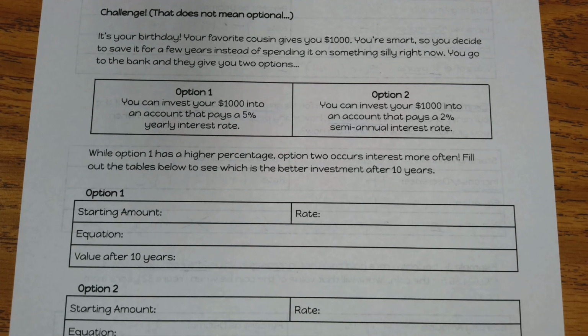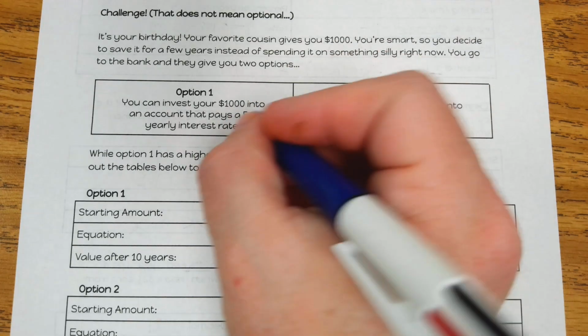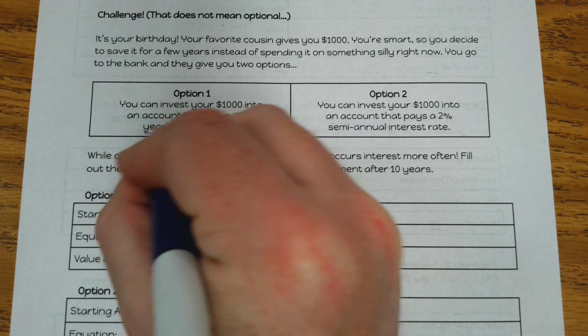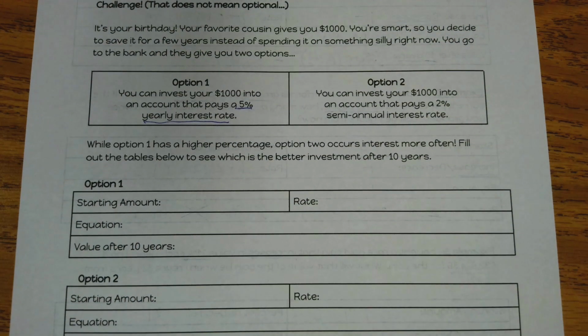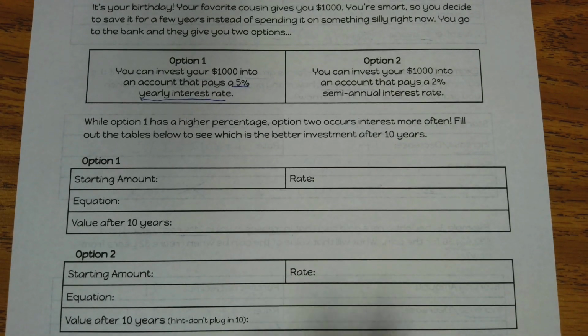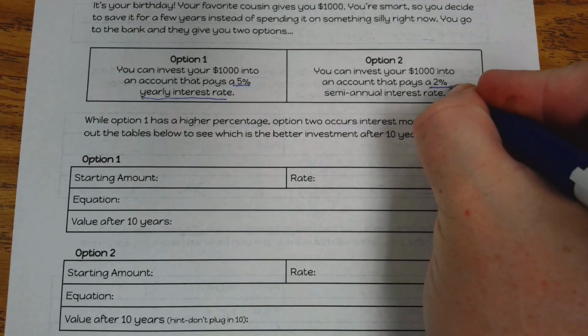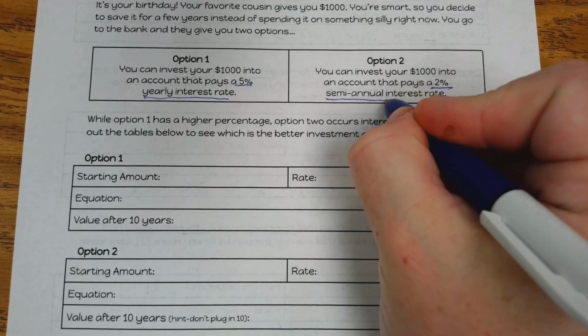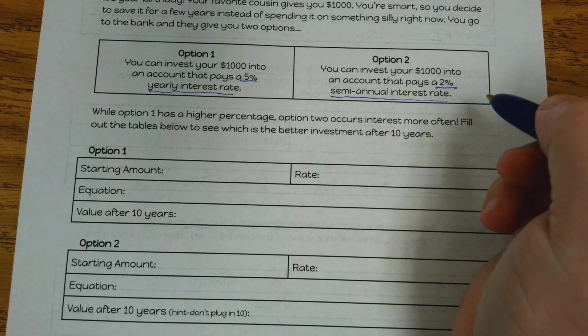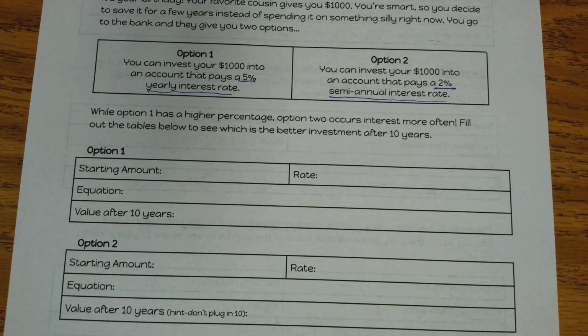Option 1, you can invest your $1,000 into an account that pays a 5% yearly interest rate. Option 2, you can invest your $1,000 into an account that pays a 2% semi-annual interest rate. While option 1 has a higher percentage, option 2 accrues interest more often.